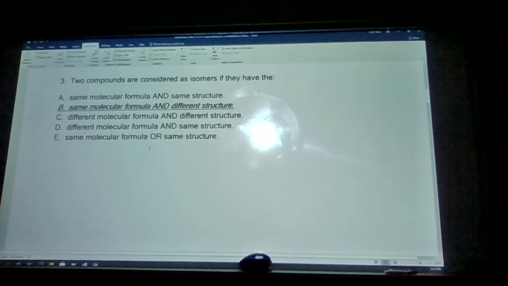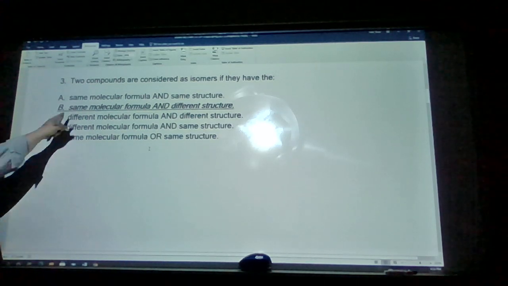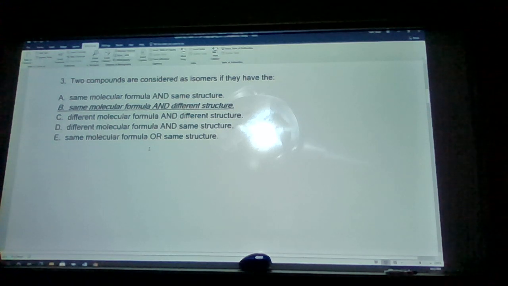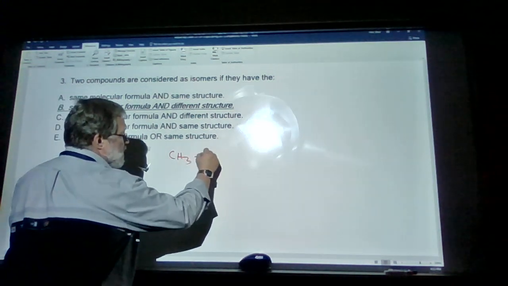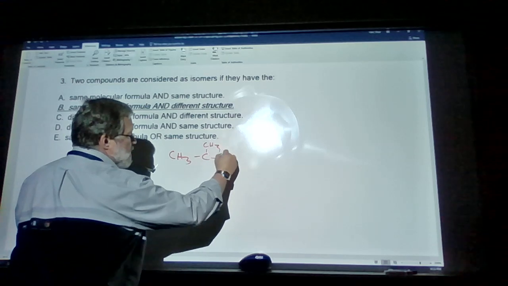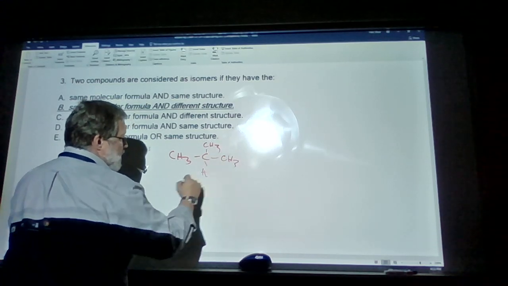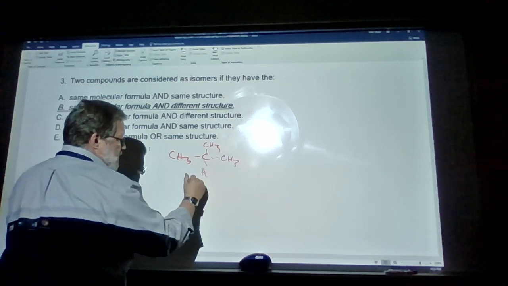Number 3, 2 compounds are considered isomers if they have the same molecular formula and different structures. 3, 6, 9, 10.